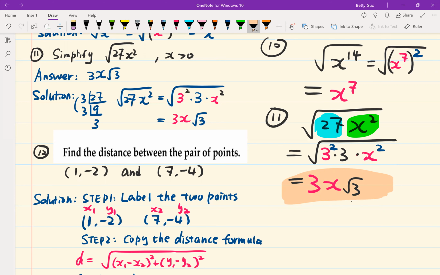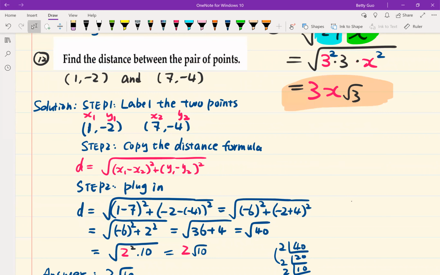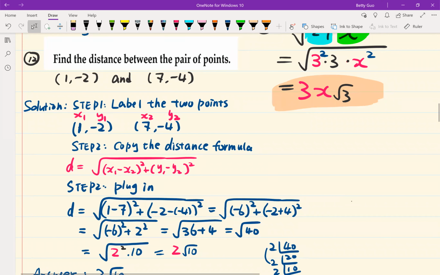Number 12 is very straightforward. I will give you the formula for the distance between 2 points. All you need to do is apply the formula, plug in, and operate. Let's look at number 12. We need to find the distance between the pair of points.